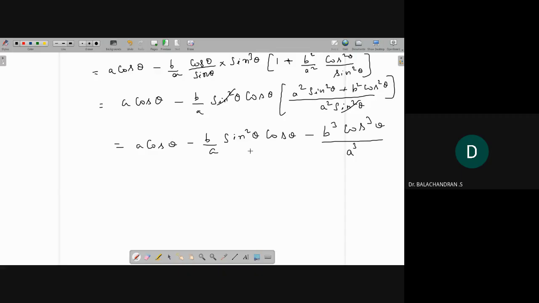Is it correct? So a cos theta minus, here have b square. I don't know where I did the mistake.